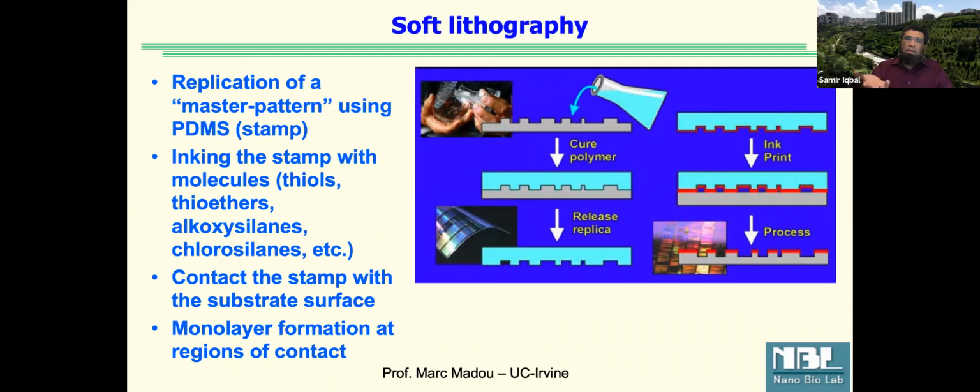So similar concept: we make a stamp, you pour the liquid polymer on it, and when it cures, when it hardens, you take it away and use that as a stamp to transfer patterns. Here the blue thing is now the stamp. You dip it in this red ink and you use that to transfer the pattern on a surface. Instead of using light or instead of using scratches, you take the idea of stamping the design on a surface.